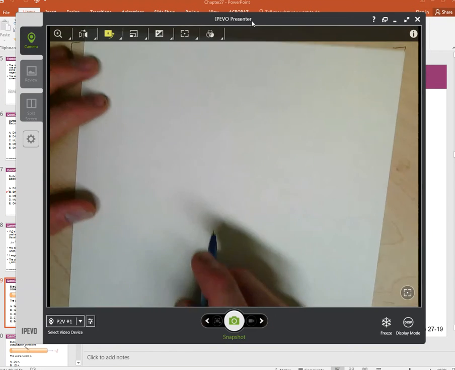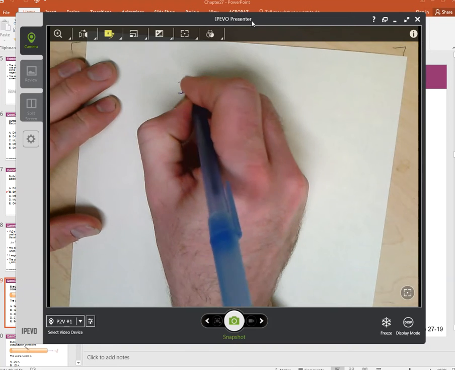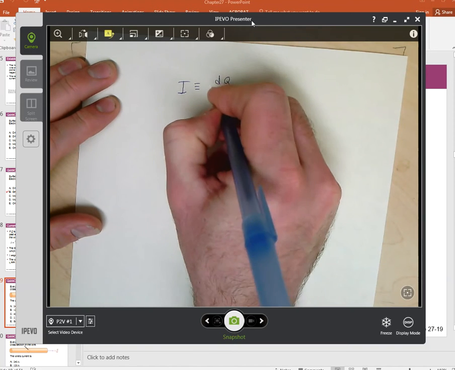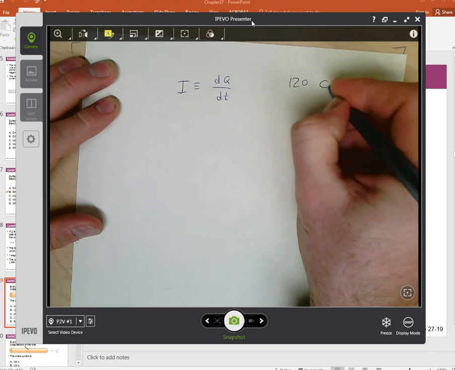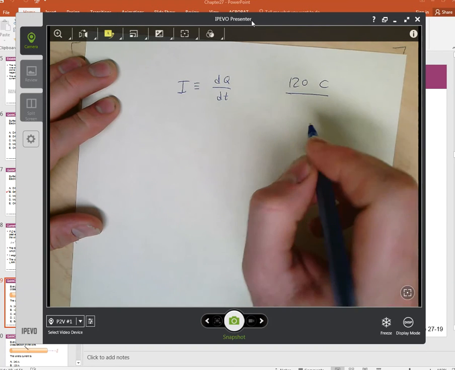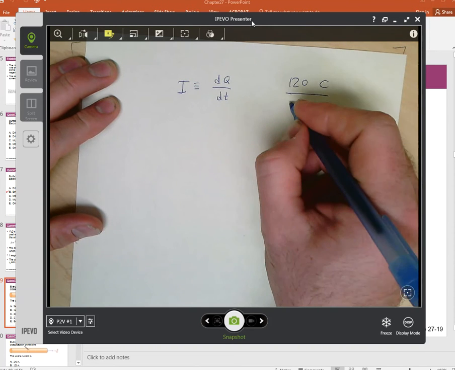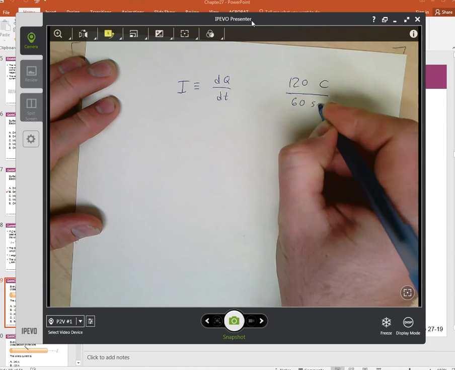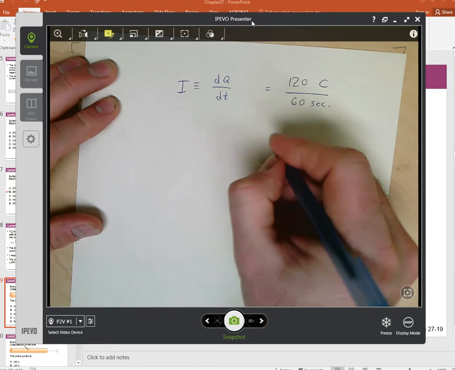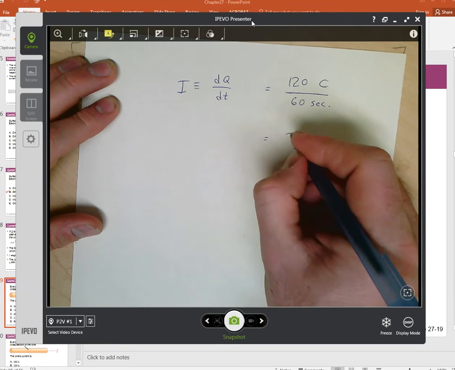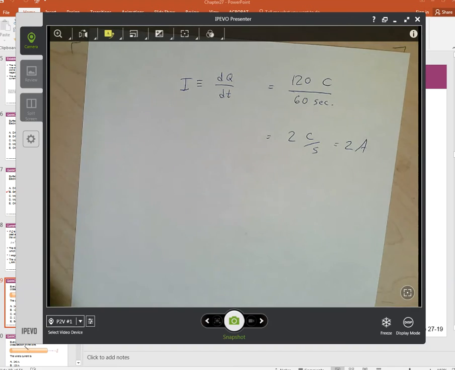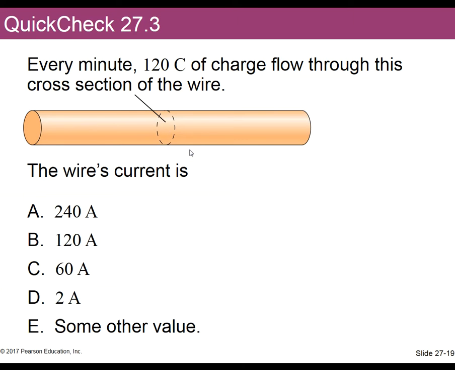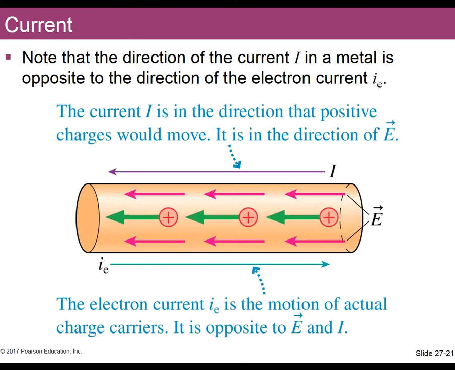If the definition of current is dq by dt, then we have 120 coulombs in 1 minute, but really I want it to be in seconds. So 1 minute is the same as 60 seconds. So here we have 2 coulombs per second, or in other words, 2 amps. If you had gotten 2 amps, it looks like you were correct.